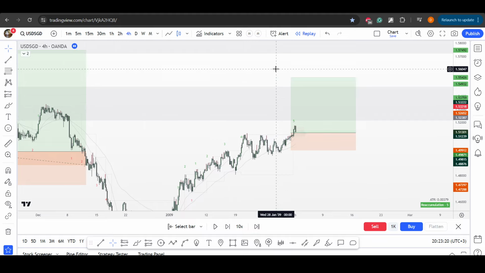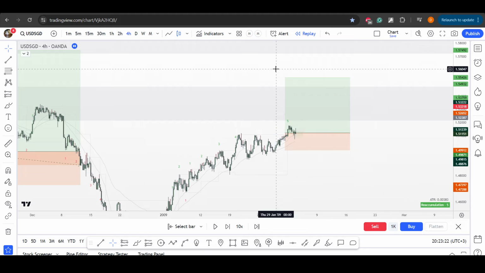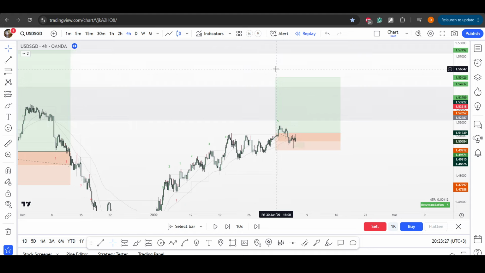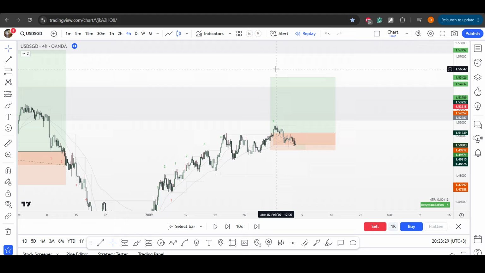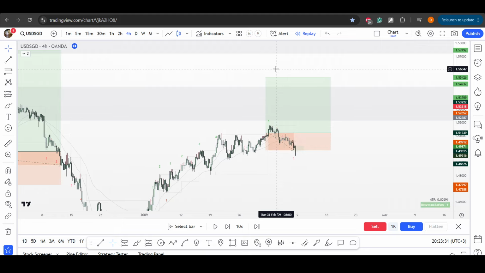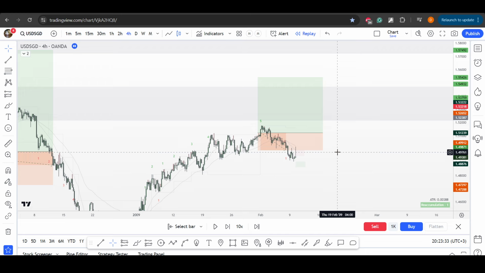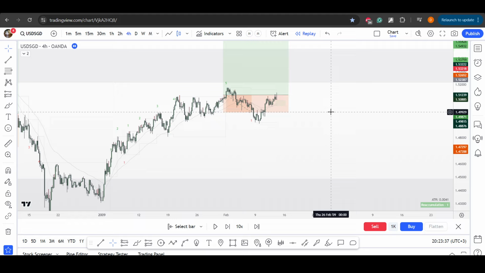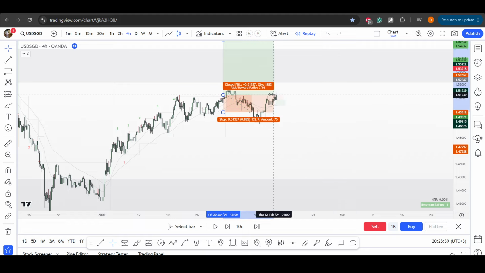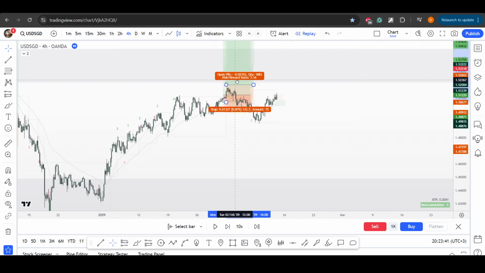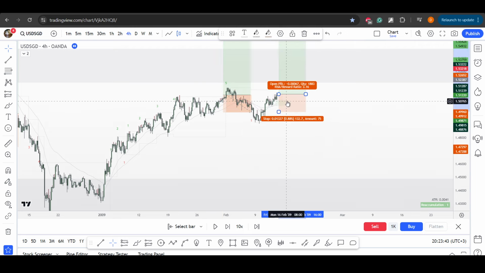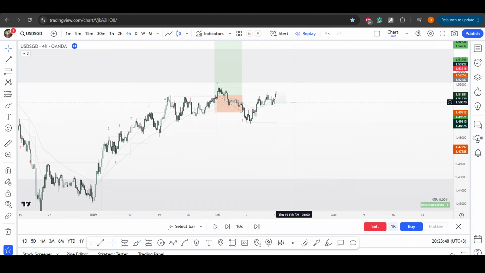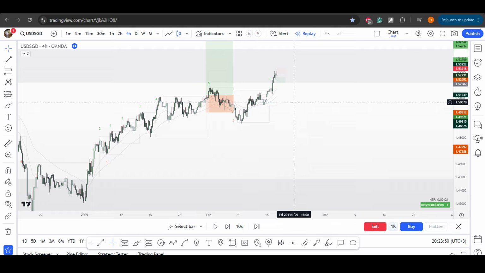So we are triggered. And stop loss here. So now we need to decide if we want to follow bullishness once again. So this whole price action became really rangy, so I don't want to follow it at the moment.